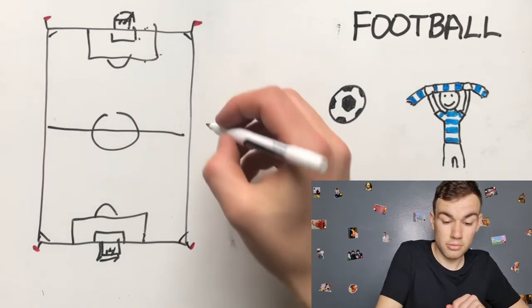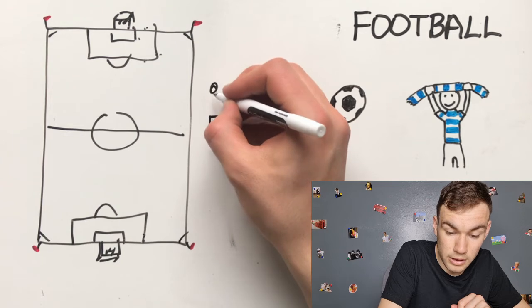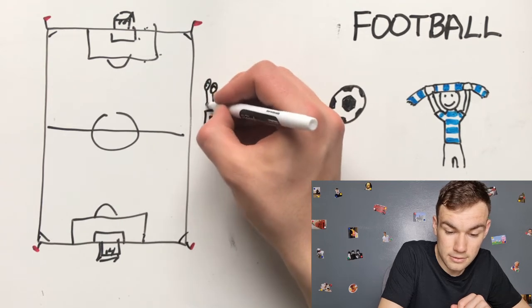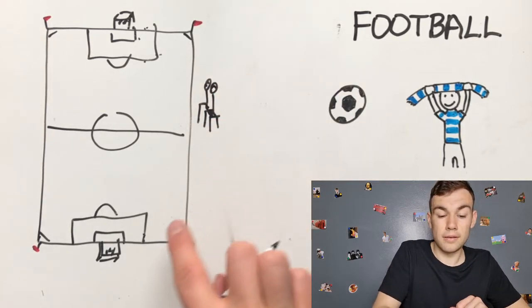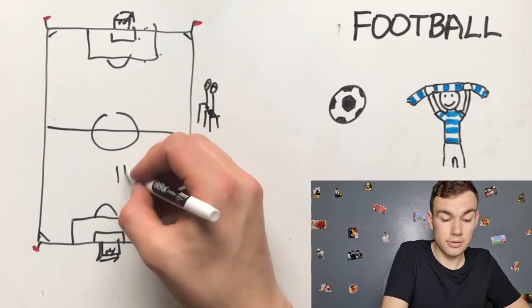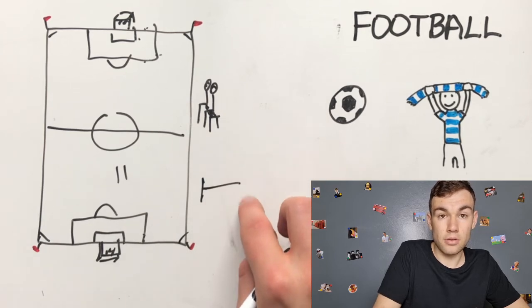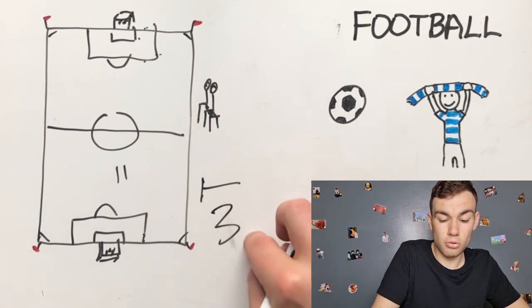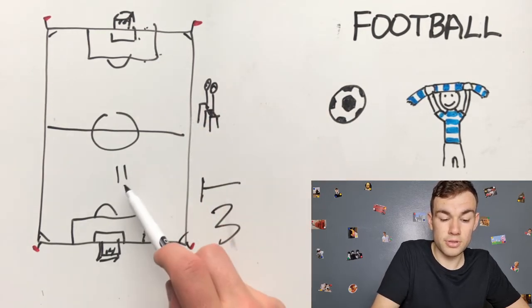And look, beside the football pitch, where the players sit, the substitutes. So 11 players start the game and 3 more players can come on to substitute the starting players.